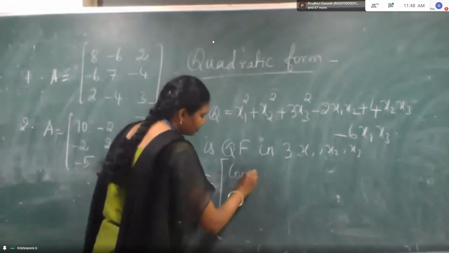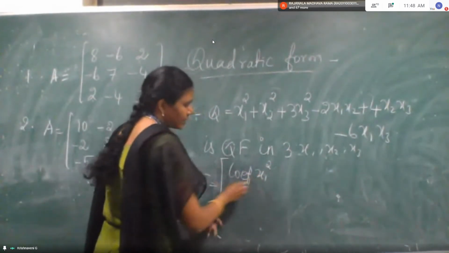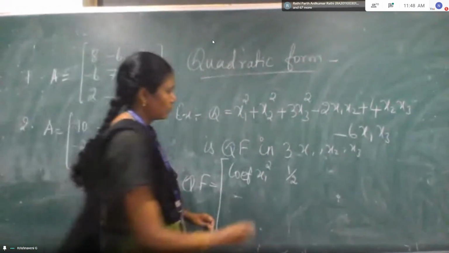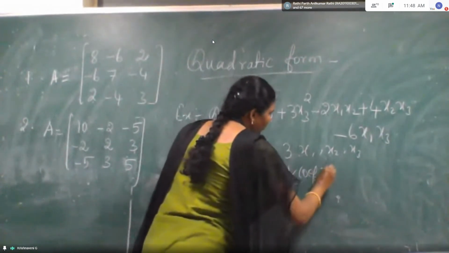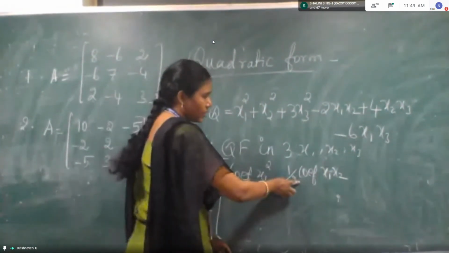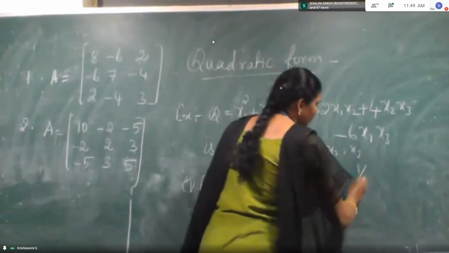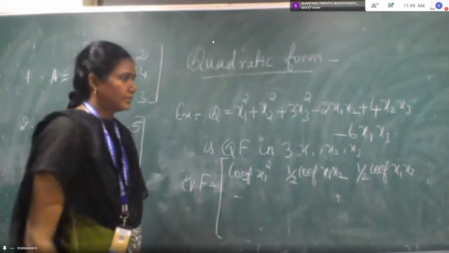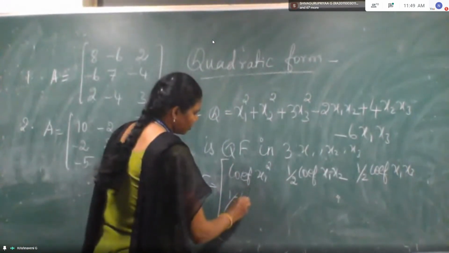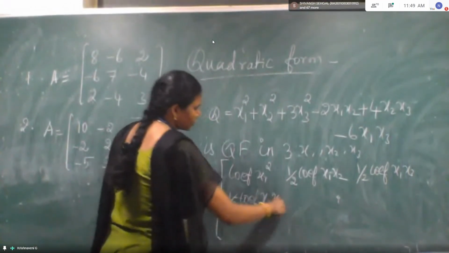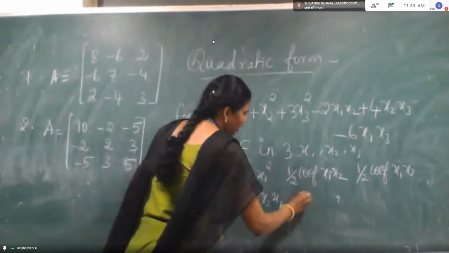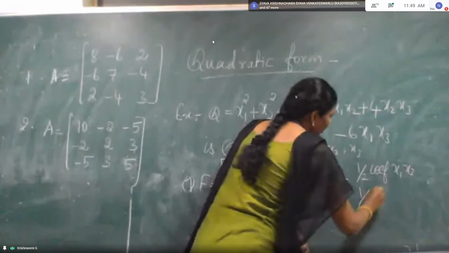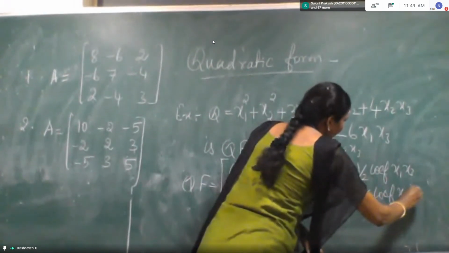Coefficient of x1 square, first row, first element. 1 by 2 into coefficient of x1, x2, first row, second element. 1 by 2 into coefficient of x1, x3. Then 1 by 2 into coefficient of x2, x1, and coefficient of x2 square, and 1 by 2 into coefficient of x2, x3.